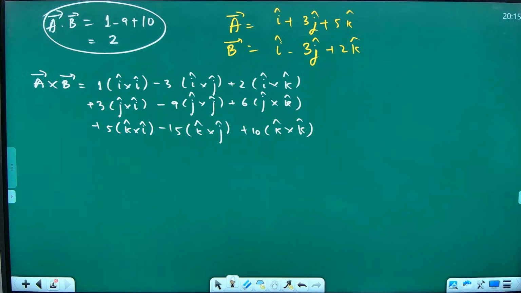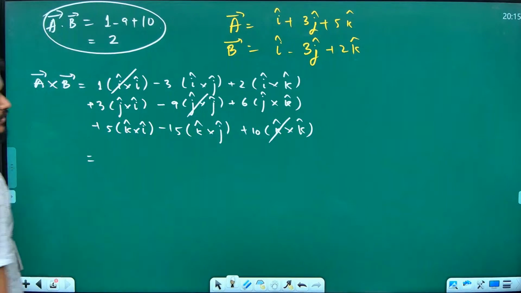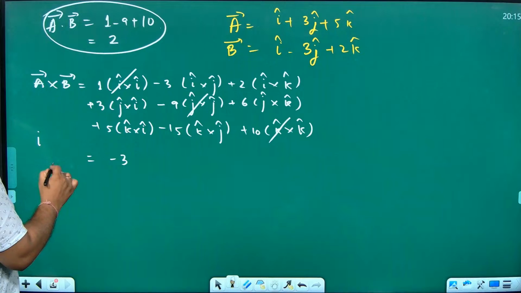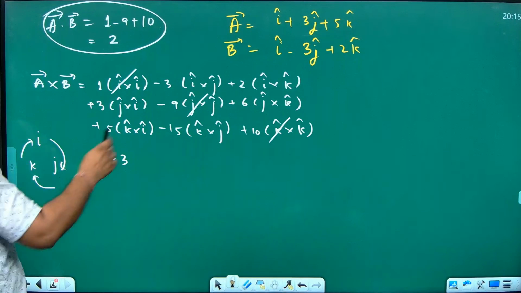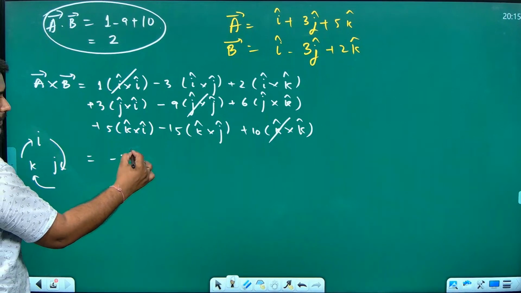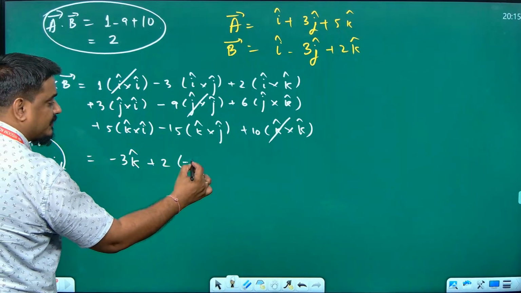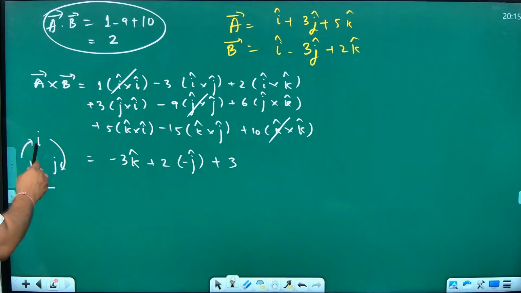So if you see, you will realize this is 0, this is 0, and this is 0. What remains? Minus 3. What is I, j and k circle? This kind of lengthy thing, you should use a circle only. So I cross j is what? K. Plus 2. What is I cross k? Minus j. Plus 3. What is j cross I?